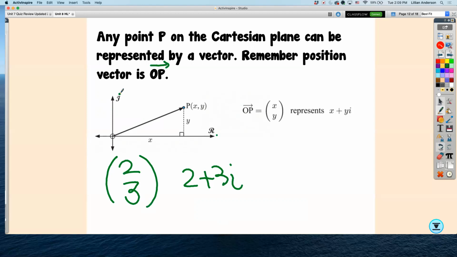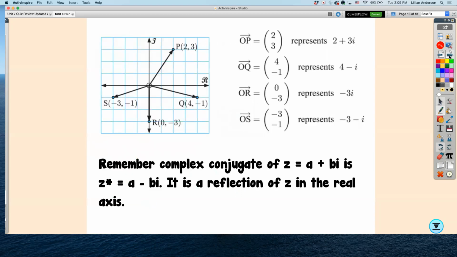I have a few examples on the next page, just to make sure you're good with that. Anything in standard position always has an initial point at the origin. The terminal point is wherever the end is, so essentially where that coordinate is, what that complex number is. So if you look here, OP represents the vector (2, 3), or 2 plus 3i.